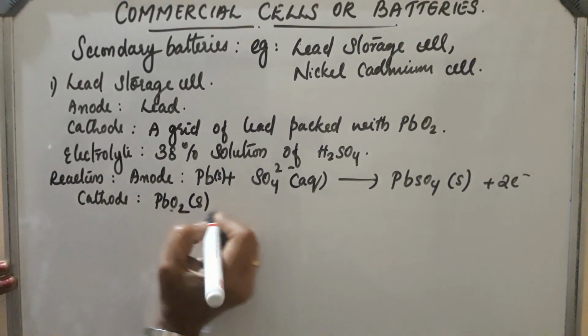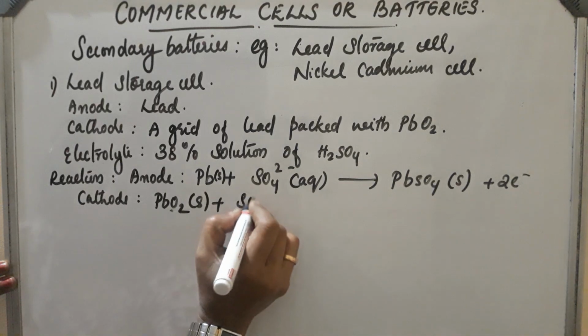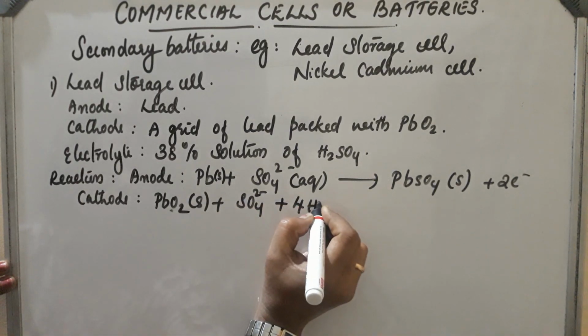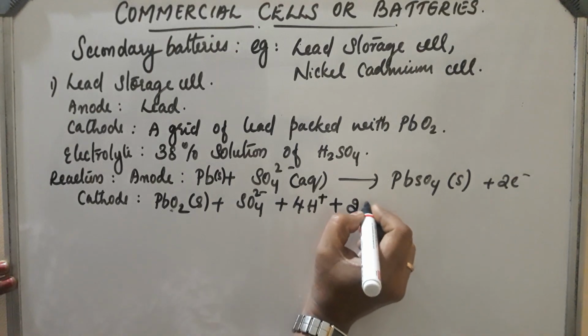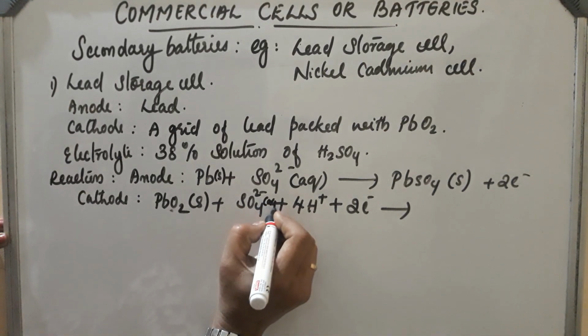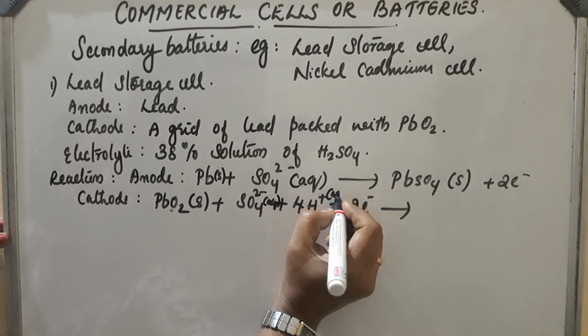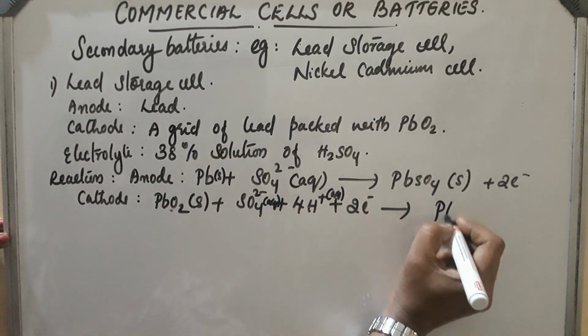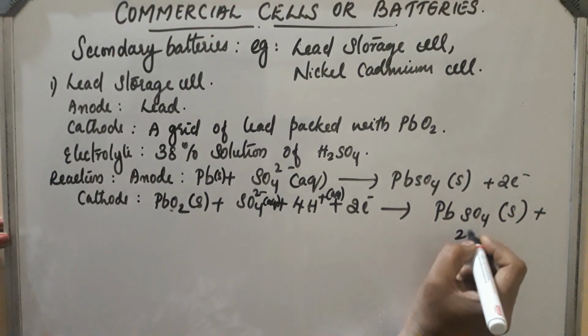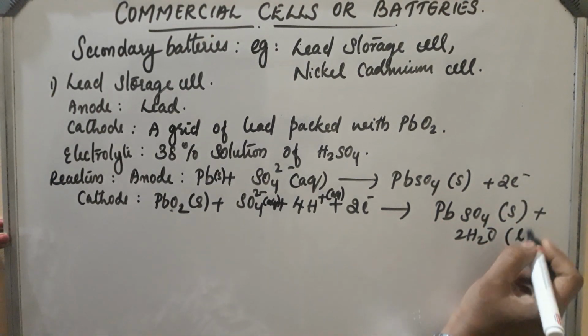It also contains SO4 2 minus and 4H plus from sulfuric acid, and 2 electrons are accepted. Now PbSO4 is obtained, plus 2H2O. This will be the reaction.